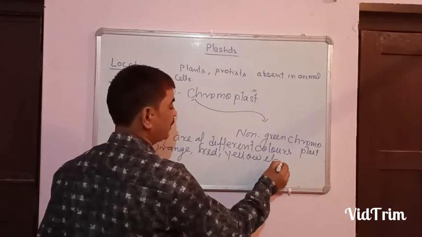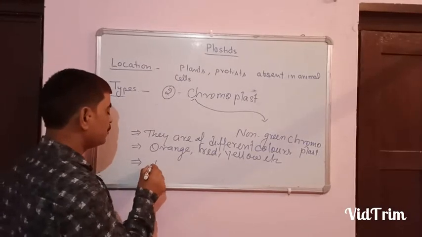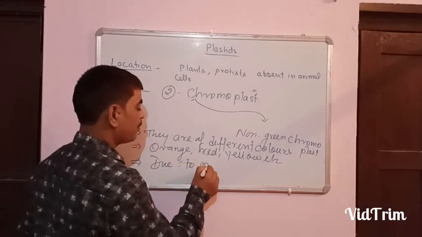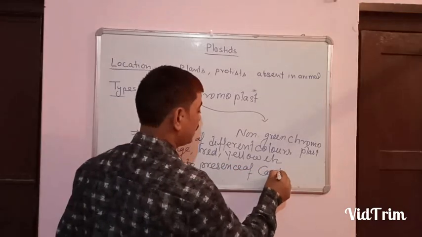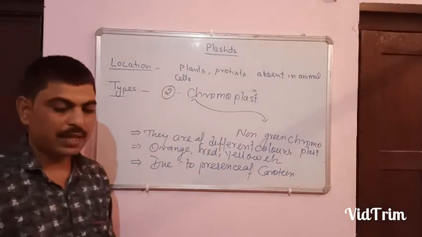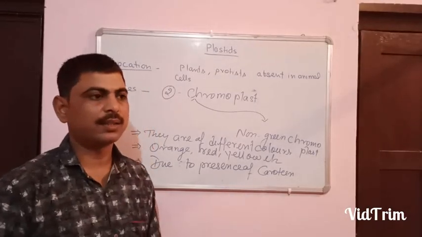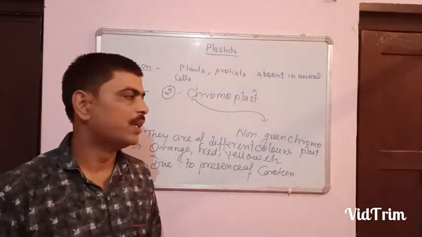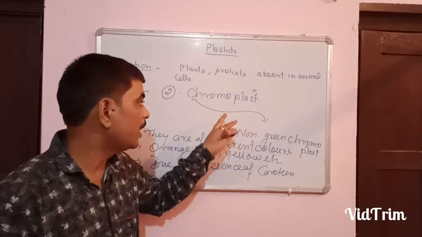And these colors are due to the presence of carotene. Carotene is a pigmenting material. So they will have the orange color, the red color, the yellow color, or they can have some other color also. These colors are due to the presence of carotene in them. And these types of plastids, those that do not have chlorophyll in them, are called chromoplasts.